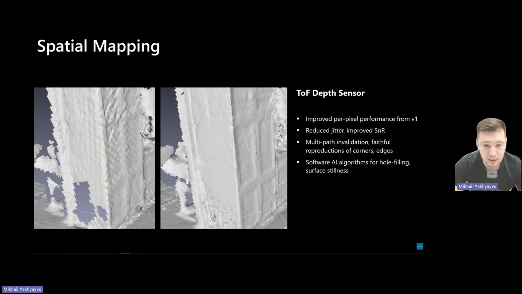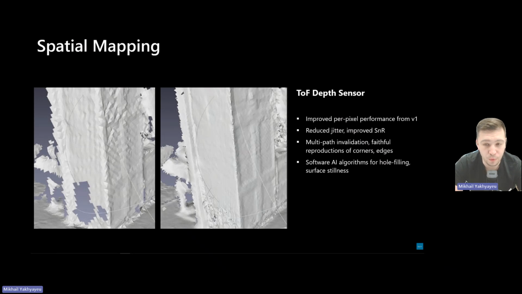On the right, you can see that this hole is actually not present, and this is because the AI understood that this is a hole in the wall and some part of the data is missing. So the hole is covered with the mesh that is produced by the AI.